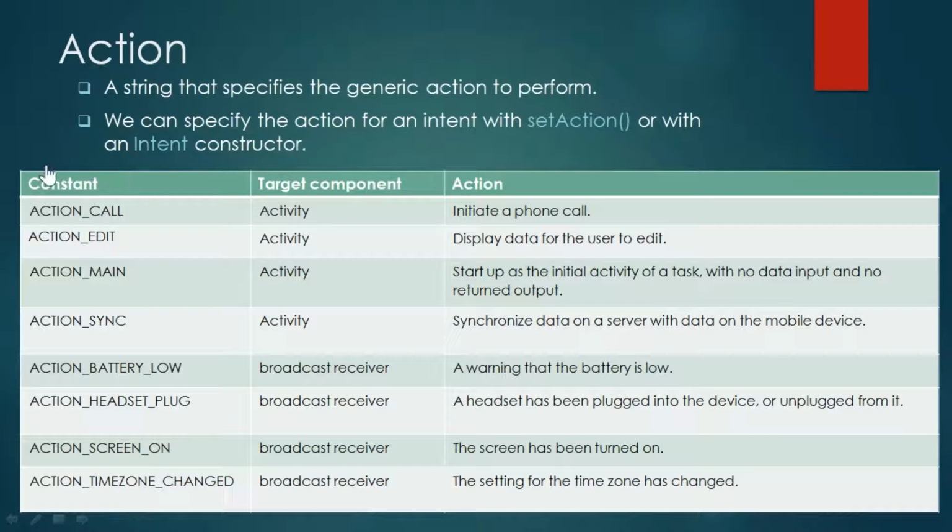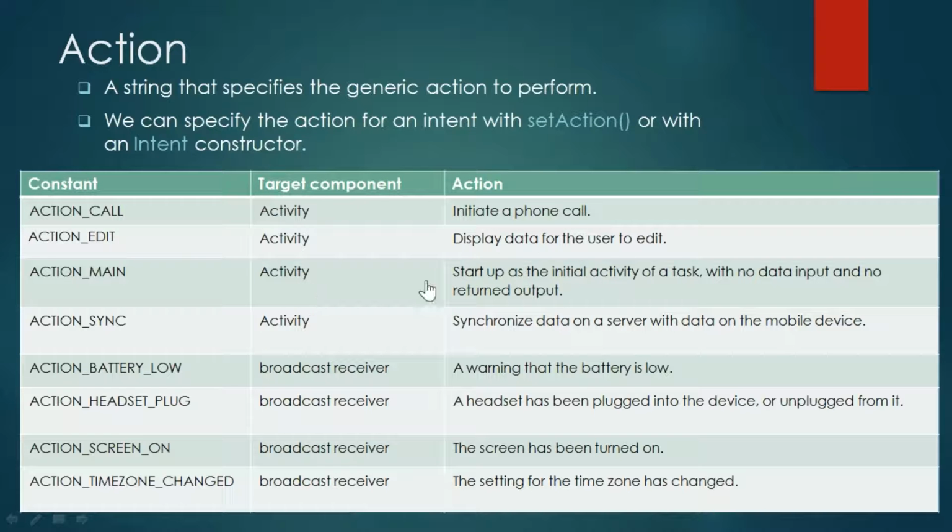Have a look at this table. We have a set of predefined action constants, like action call, which belongs to an activity application component and will initiate a phone call. Action edit displays data for the user to edit.